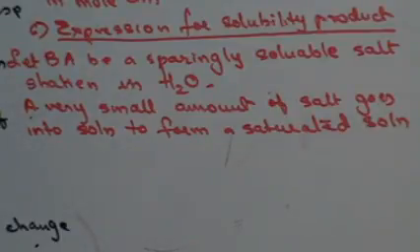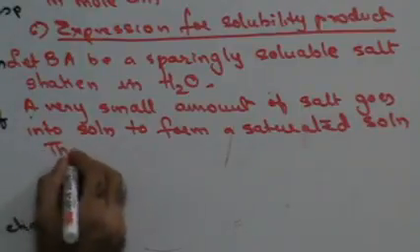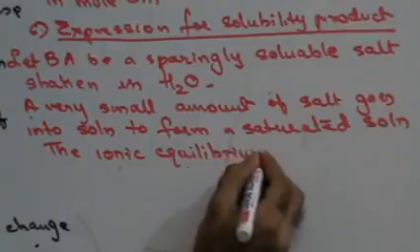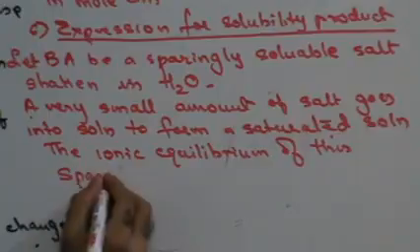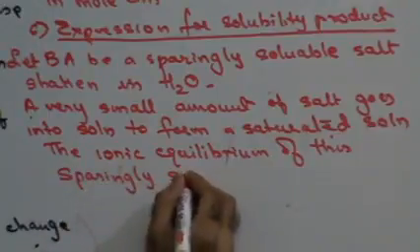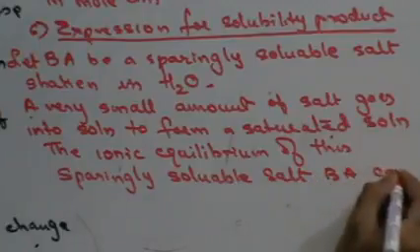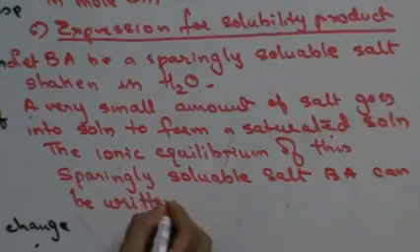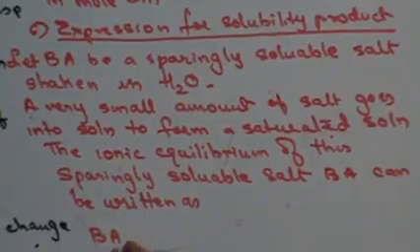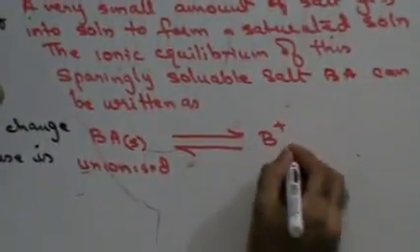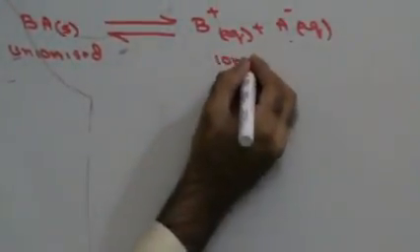The ionic equilibrium of this sparingly soluble salt BA can be written as: BA solid, unionized, will ionize reversibly to form B plus aqueous ions and A minus aqueous ions. These will be the ions present in the solution.